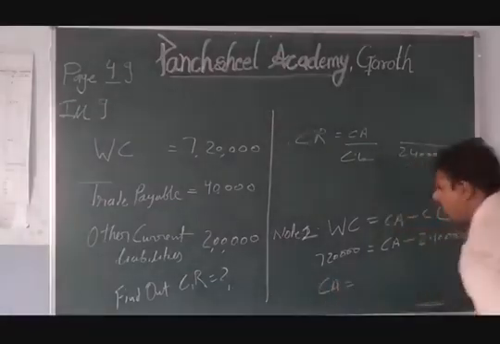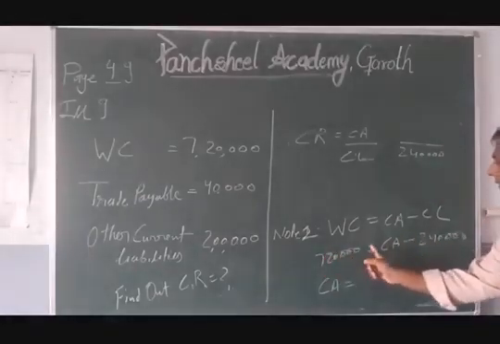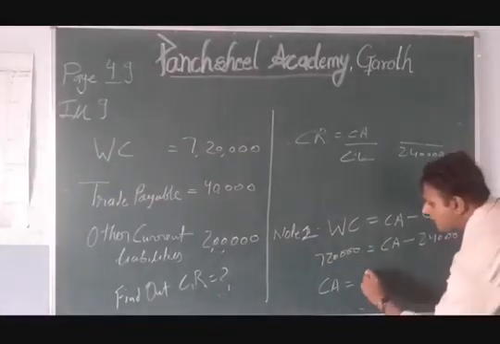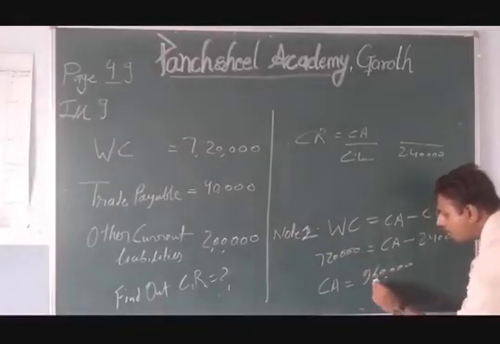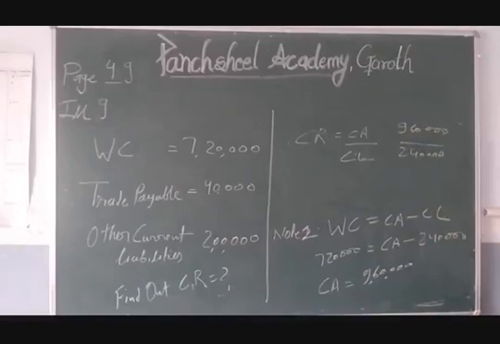So when it goes there, it will be plus: 9 lakh 60,000. So solve the current ratio. How much does it come? 4:1. That means current asset is 4 times the current liability. Got it? Moving to our next illustration.